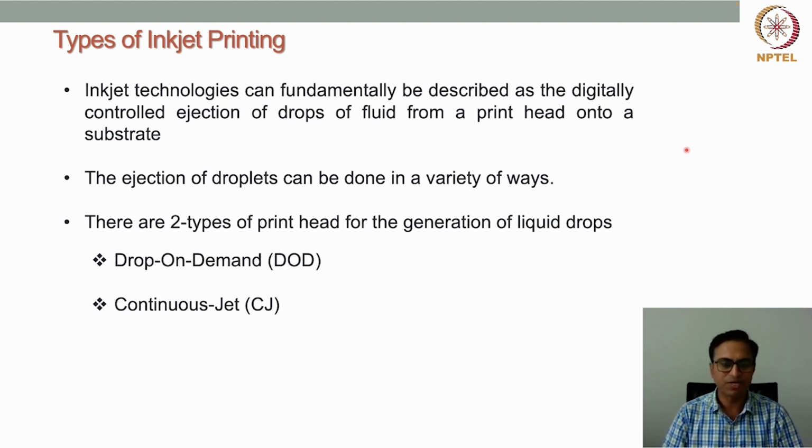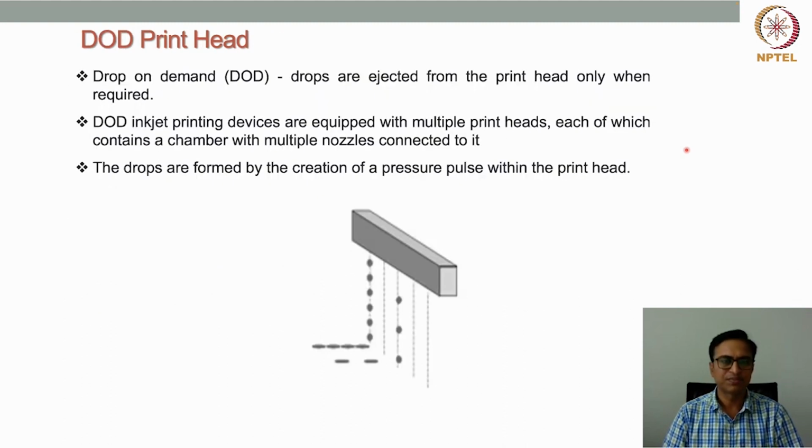We'll see both technologies one by one. Now in DOD printing, what happens? The droplets are ejected when required. Whenever a signal is given to the printer, only at that time the droplets will be generated. That's why it is called drop on demand, right?